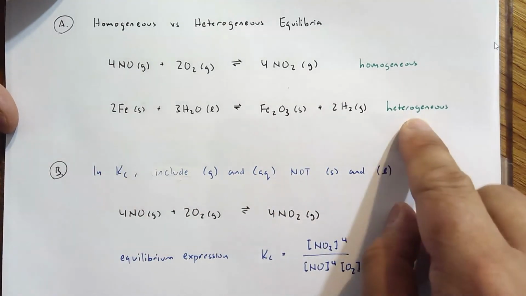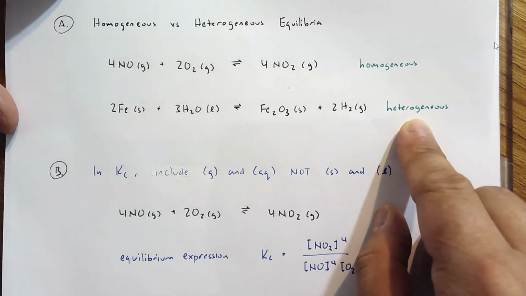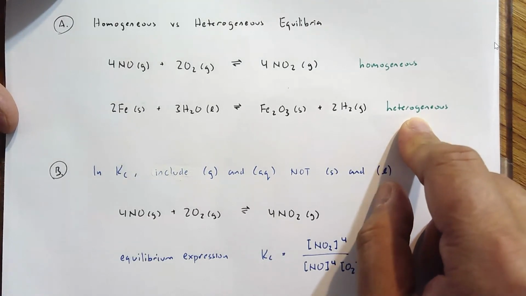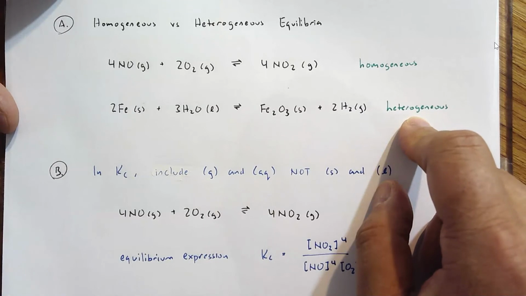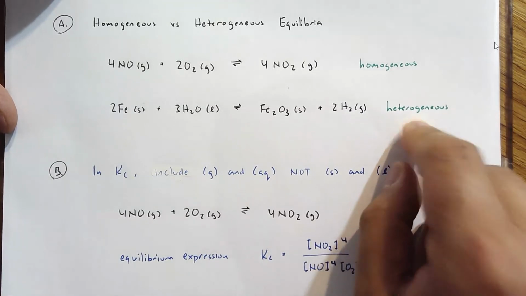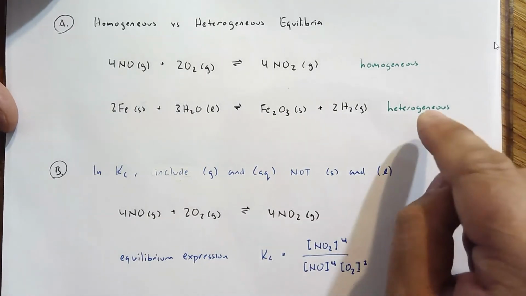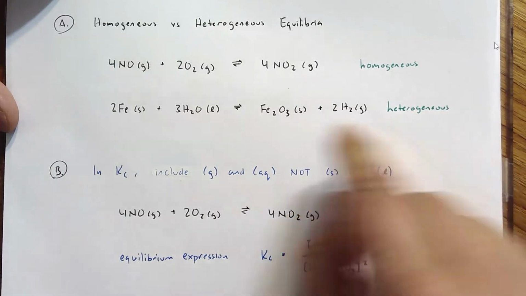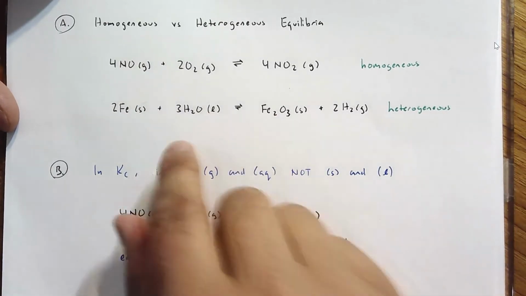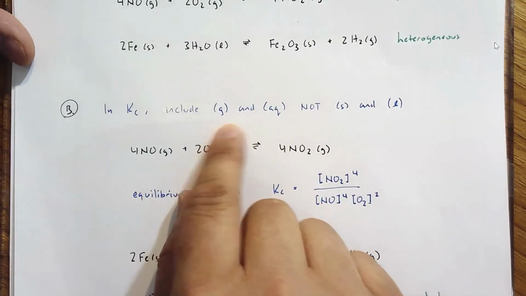So being a heterogeneous reaction does not automatically determine that one of the components is left out of the equilibrium expression. You can have heterogeneous reactions where every compound is in the expression because every compound is either a gas or an aqueous.